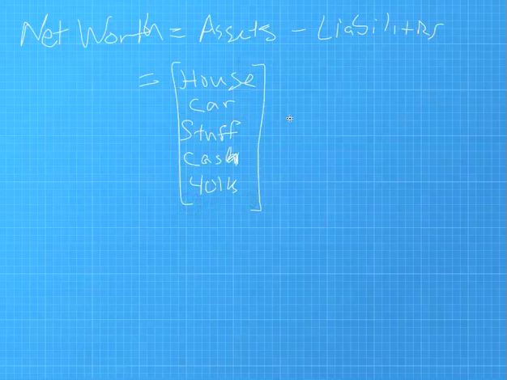And then you would need to subtract anything that you owe. So maybe you had to take out a mortgage for your house. Maybe you have a loan for your car. Maybe you have some credit card debt.